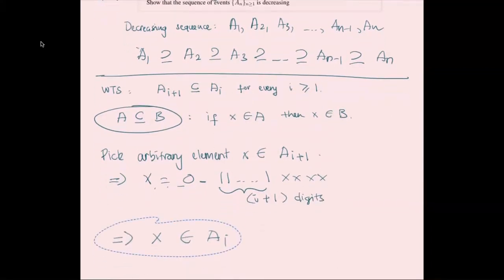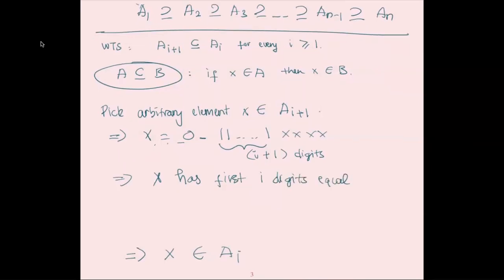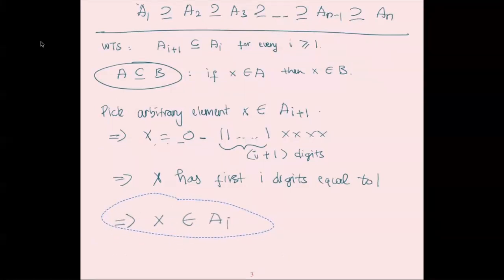Which means that x has the first i digits equal to 1. Does this make sense? Like how I go from this step to this step.